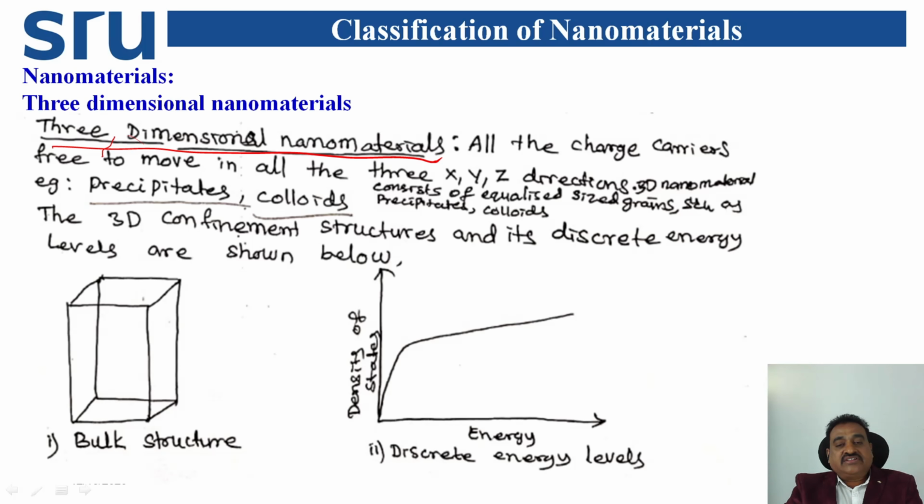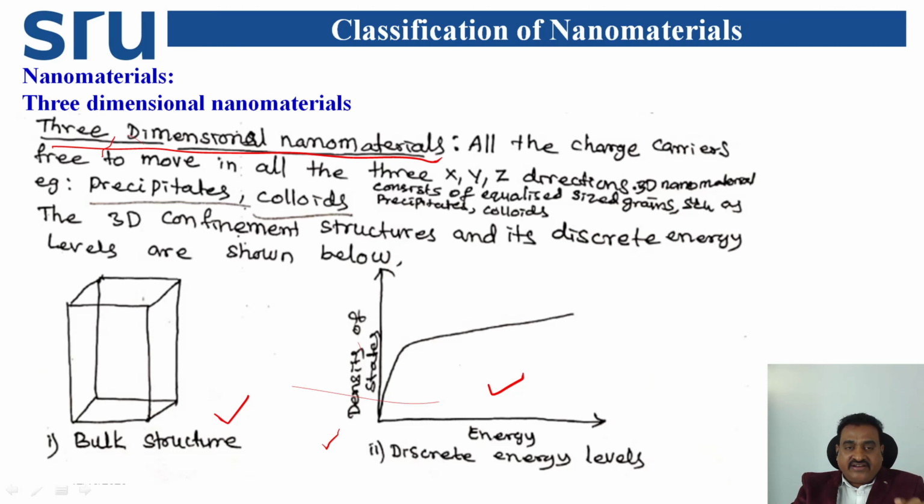You see here the three dimensional confinement structures and its discrete energy levels are shown here. This is the bulk structure, this is energy, discrete energy levels as shown here. All the charge carriers are available, but they are not free to move in three dimensions, that is zero dimensional.